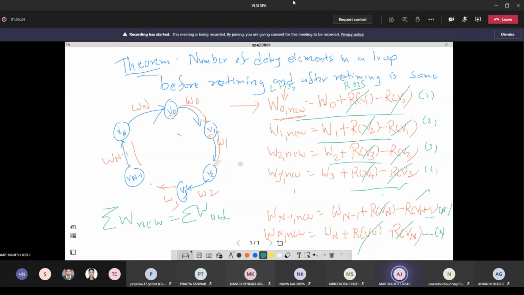So that's why in our previous example, when I considered a loop with only one D, the position was just shifted, but the critical path delay remained the same. For me, if the critical path does not change, then I am not getting any advantage. What is important is that the critical path delay should reduce. If the critical path delay remains the same, then this is of no use to me.